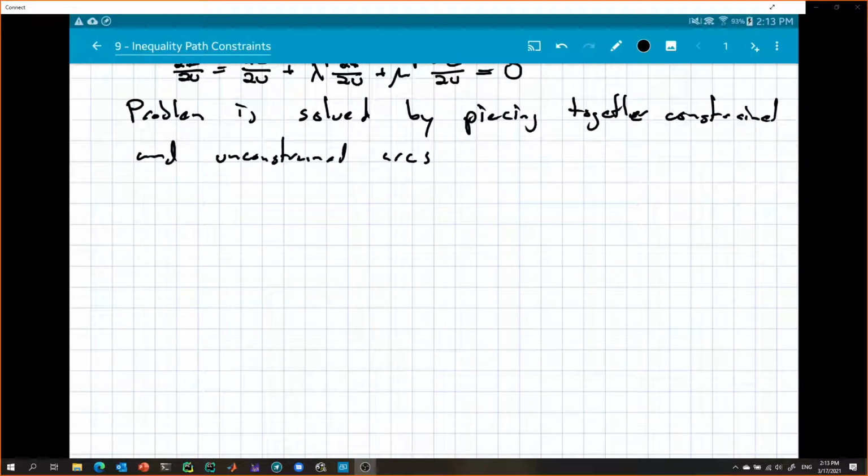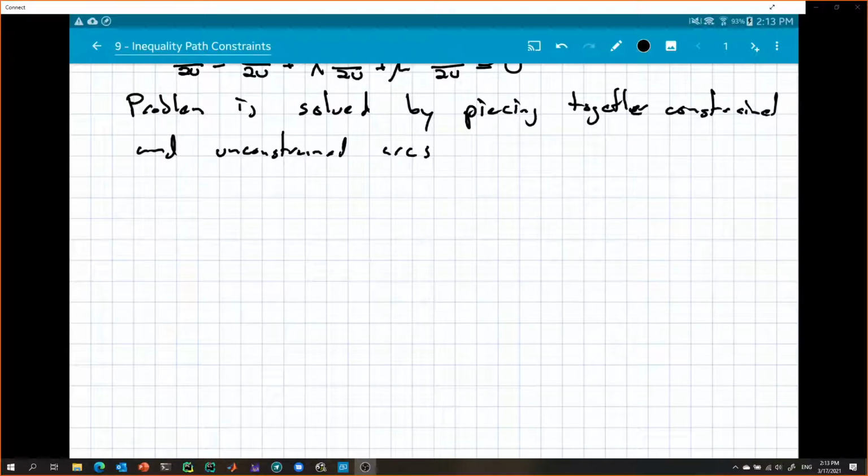So this turns two-point boundary value problems into a multi-point boundary value problem. Hopefully, if I get there in time, that will show up in the example we do at the end of this lesson.